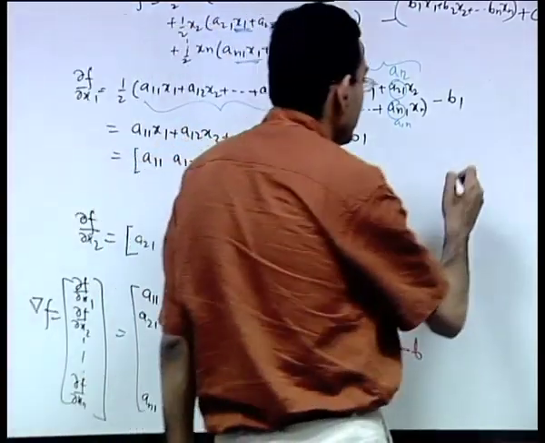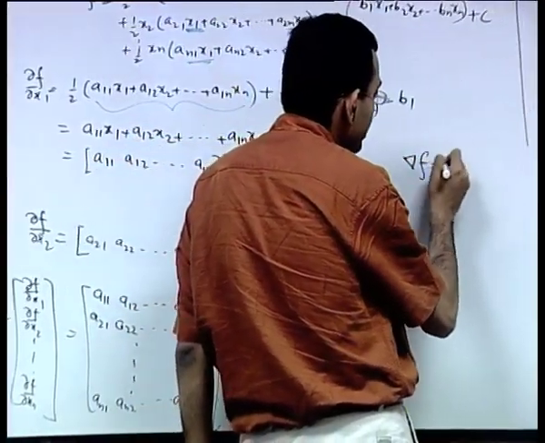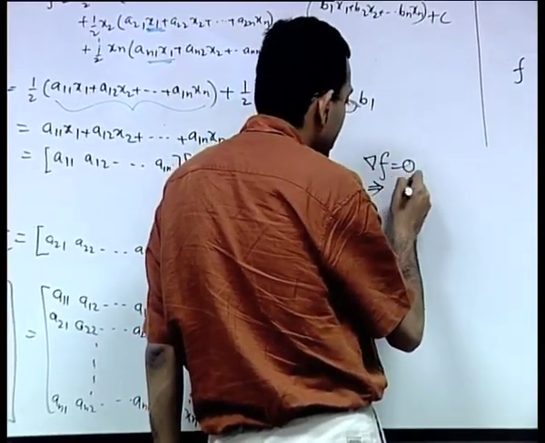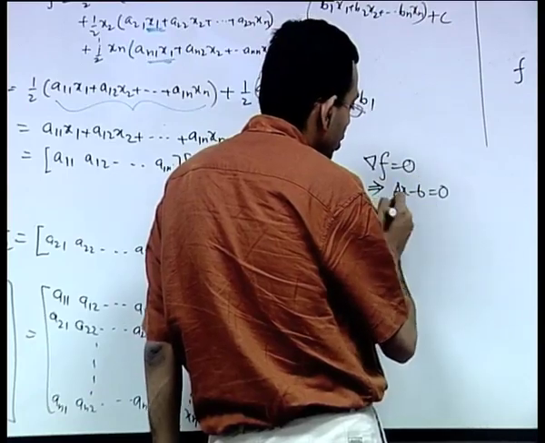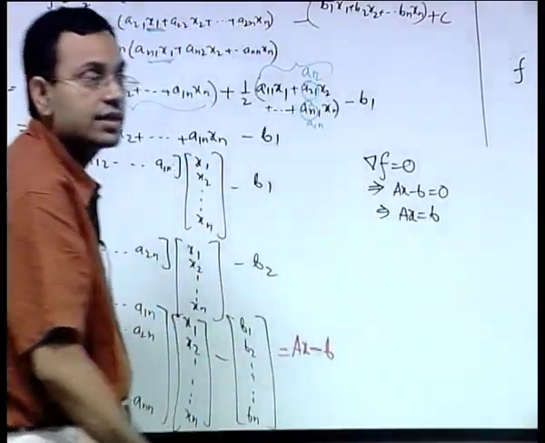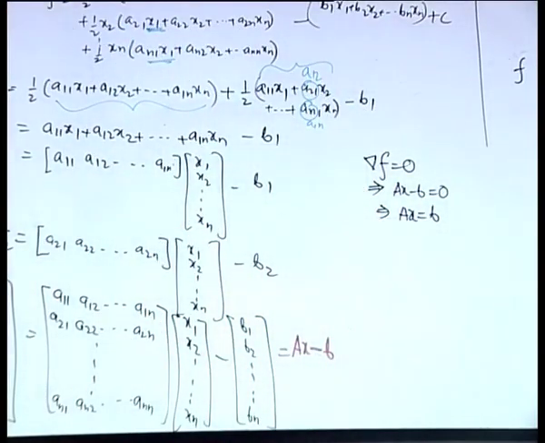So, setting grad f equal to 0 is as good as setting Ax minus b equal to 0, or getting the corresponding solution as the solution of the system Ax equal to b. So, in other words we can say that getting a solution of Ax equal to b is as good as extremizing the function f.